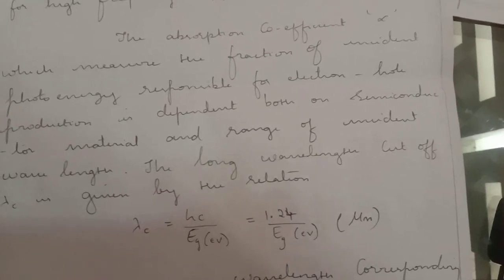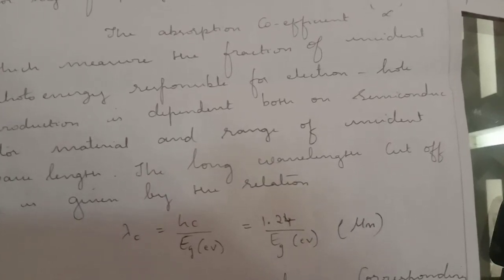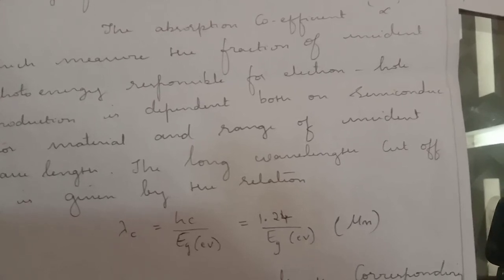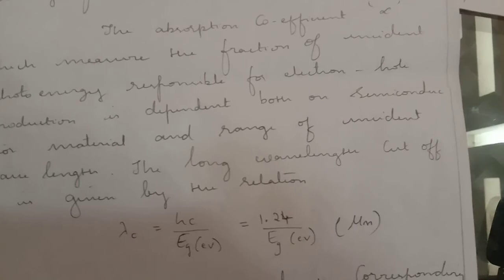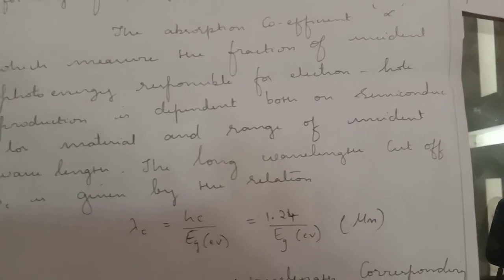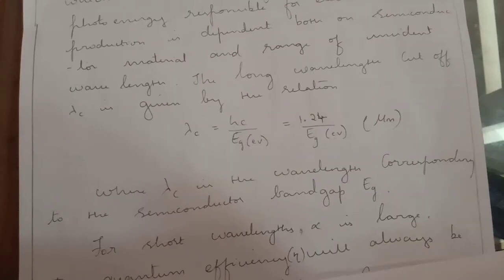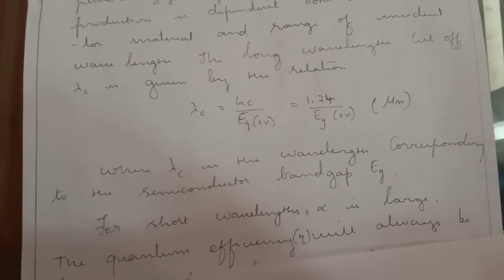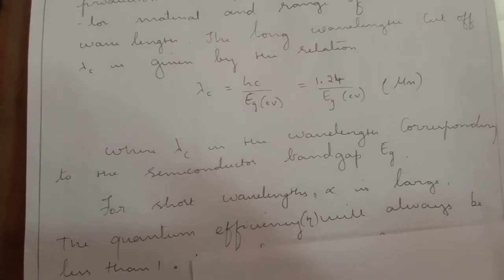As we talked about earlier, the long wavelength cutoff lambda c is given by hc divided by Eg, that is the energy gap, so it is equal to 1.24 divided by Eg. For short wavelengths, alpha is large. That is, for short lambda, the absorption coefficient is large, and the quantum efficiency eta will always be less than 1.